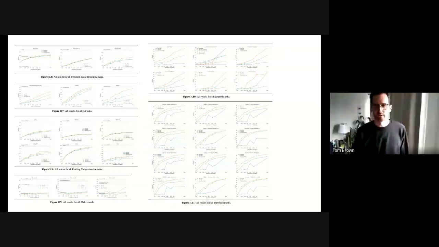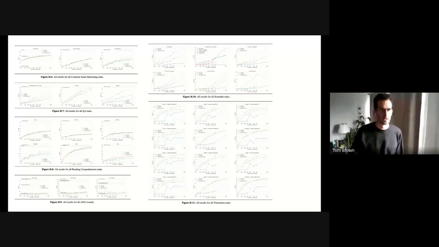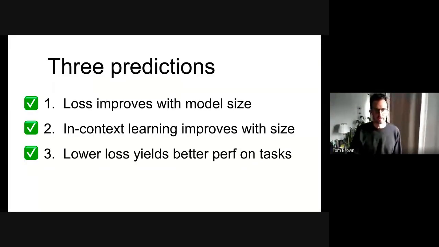And I think that was also a large amount of the actual work that we put into this paper: running all of these different tasks, following the text-to-text format that T5 pioneered. And what we found there was that for most, but not all of the tasks, lower loss really did yield better performance on these tasks. Okay, so those were the main 3 predictions that GPT-3 was about validating.